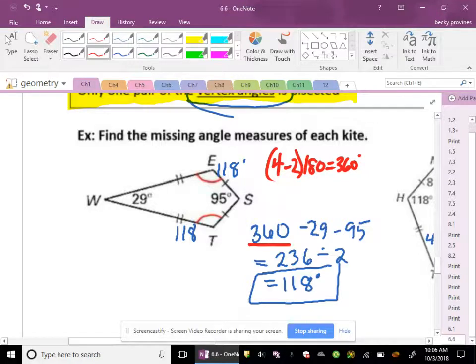I'm going to subtract away the two angles that are provided, the 29 and the 95, and I get 236. Since I know these two angles are both equal, I divide this by 2 to get 118. So my answer is 118.